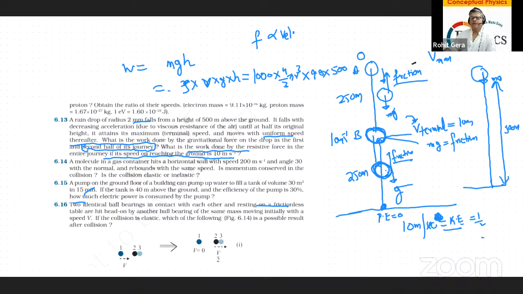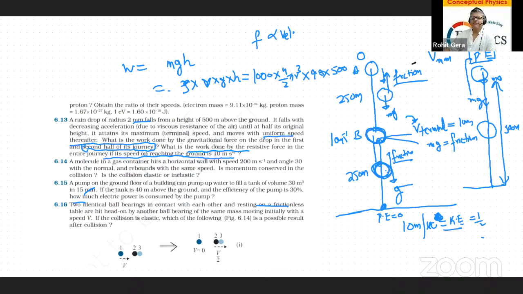Whether I am in the first half or the second half, I am only mg, right? It has some potential energy stored in it, and gradually as it is going down, the potential energy is reducing and kinetic energy is increasing.